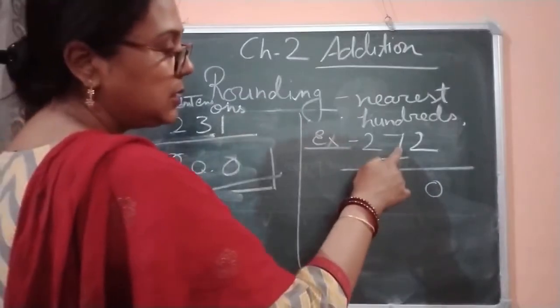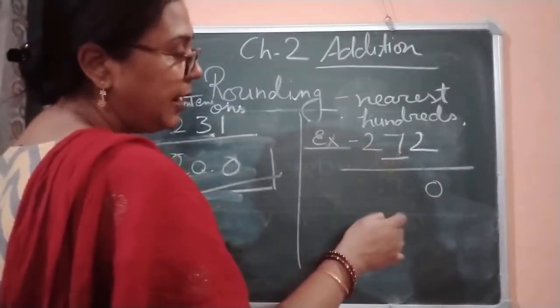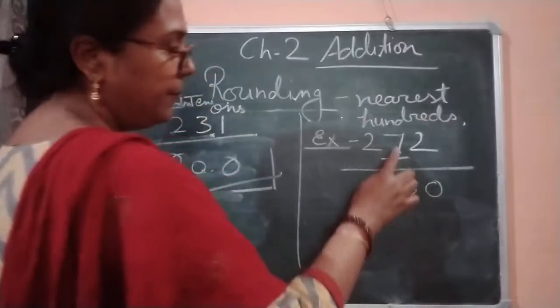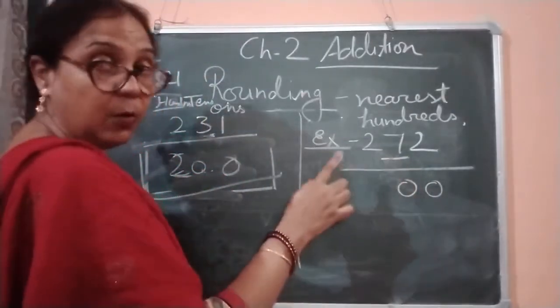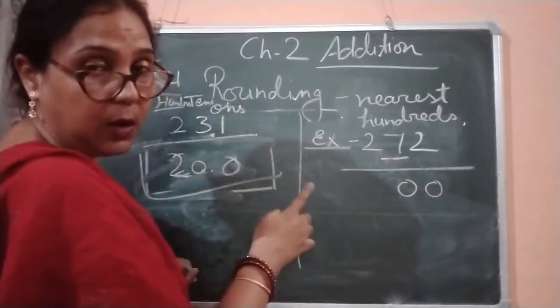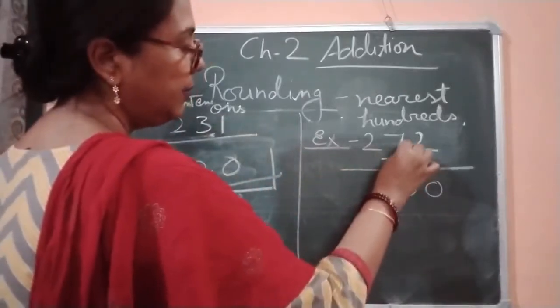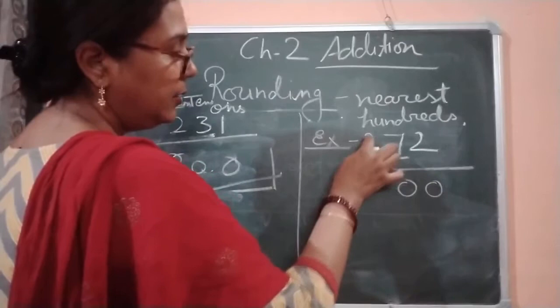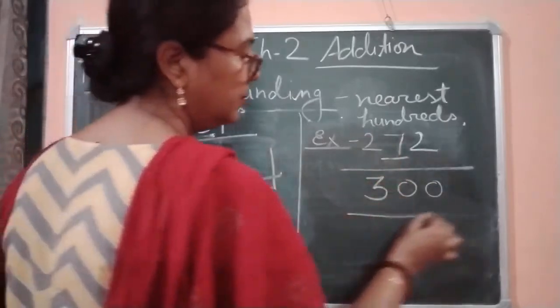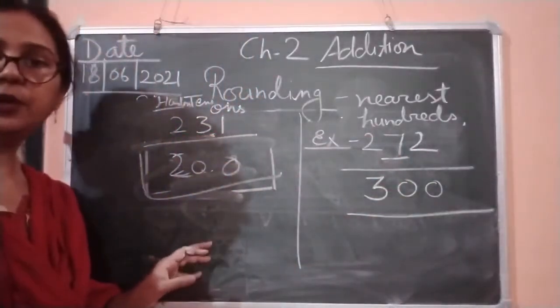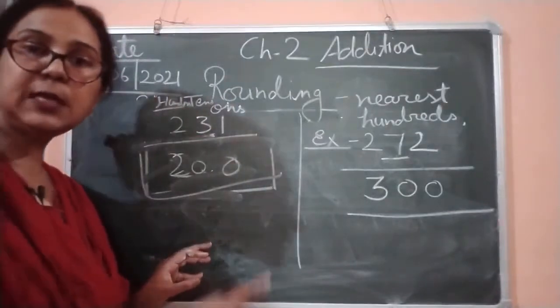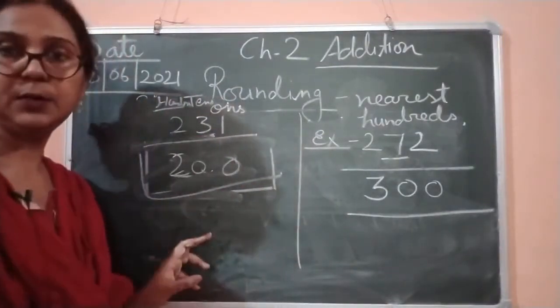And now because this is 7, so what we will write? We will write 0, but this is more than 5. So this is a strong number. Now it will carry over 1 and 2 becomes 3. So this is 300. So this is how we can round off the numbers.